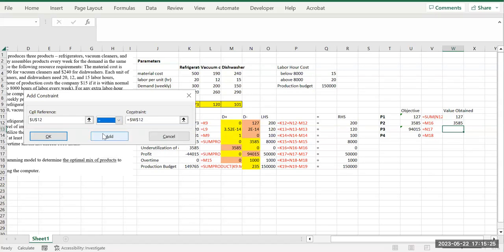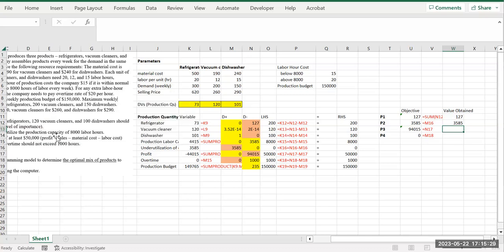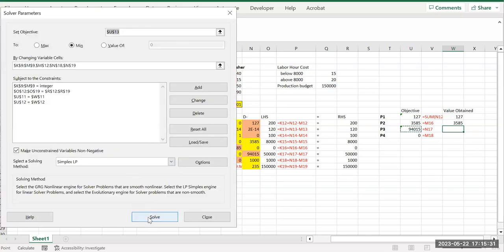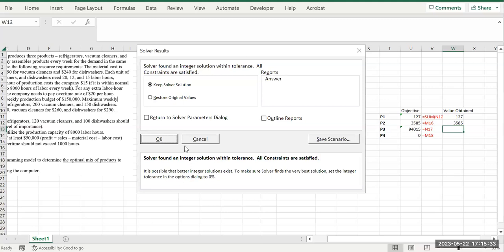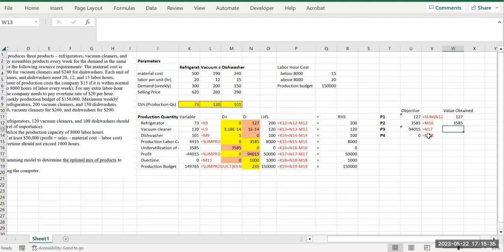But just to follow our procedure, I'm going to go with the equal sign. Okay, so let's solve again. 94, 0, 15. And priority 4 is already optimized at 0 level.